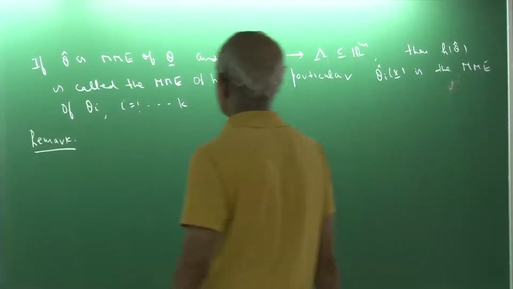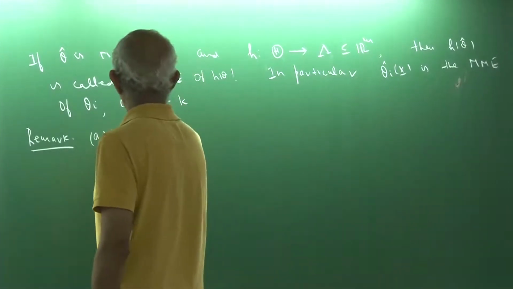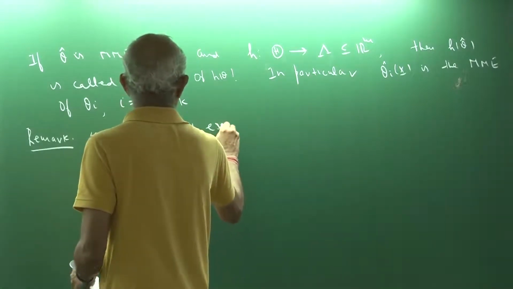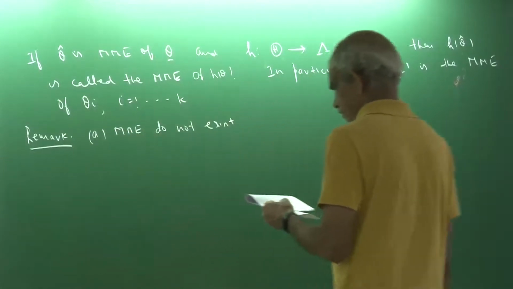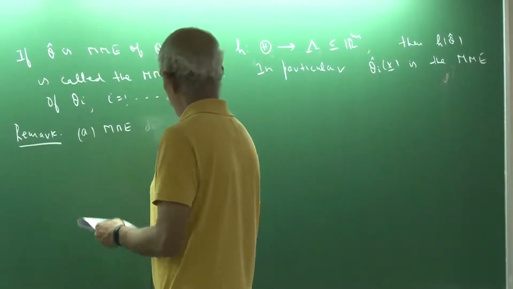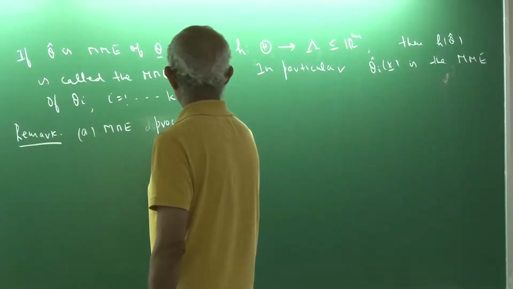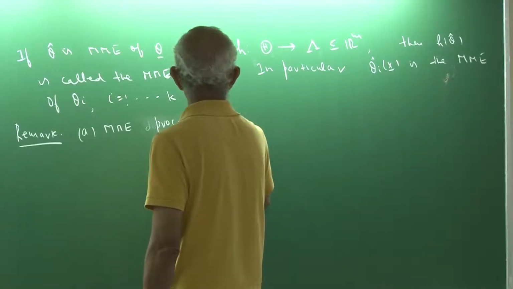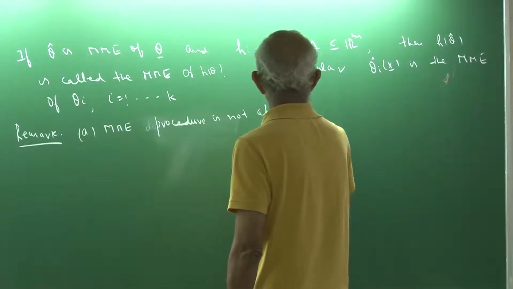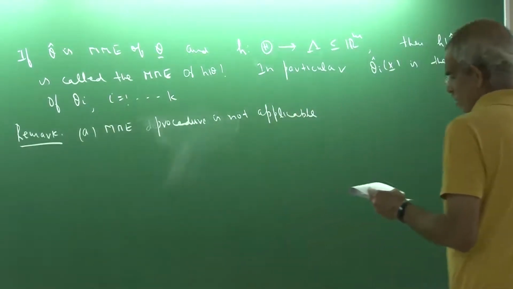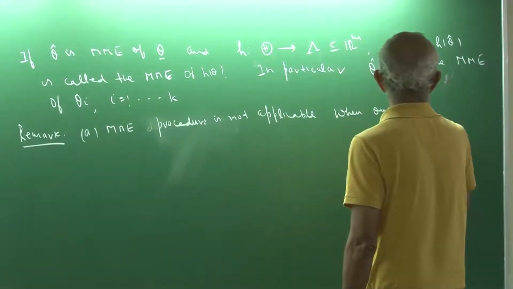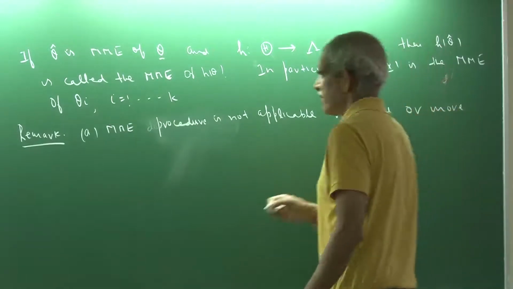So the method of moment estimator does not exist, or the procedure is not applicable, when one or more m_r(theta) do not exist.